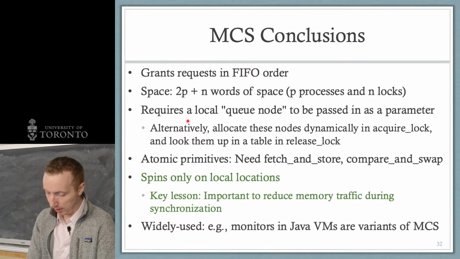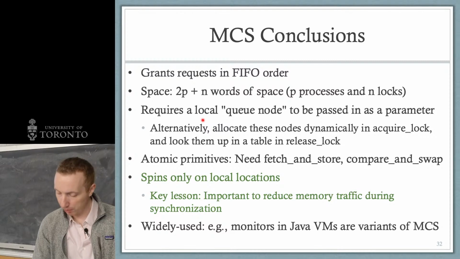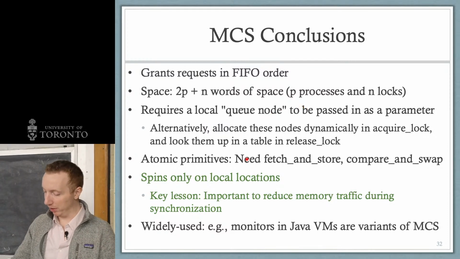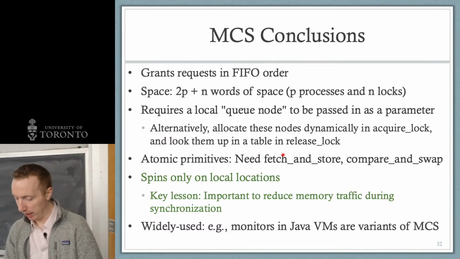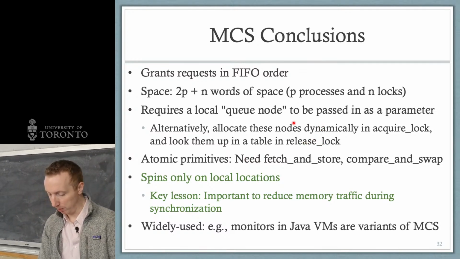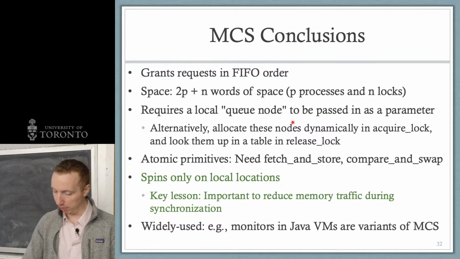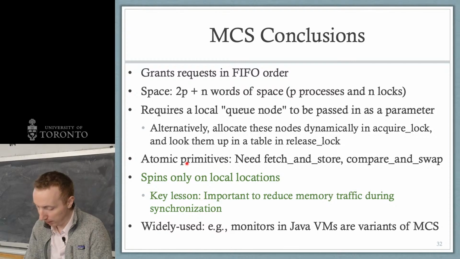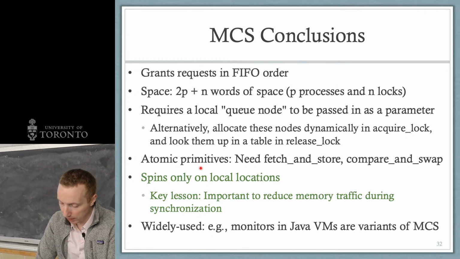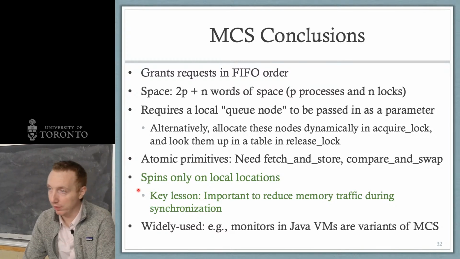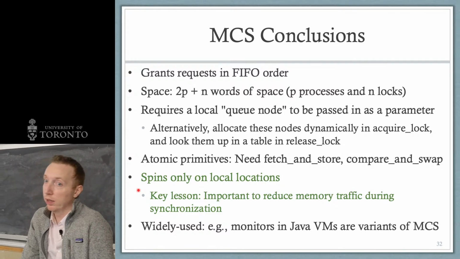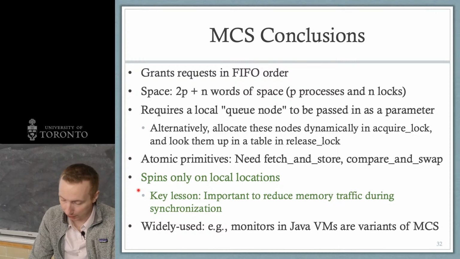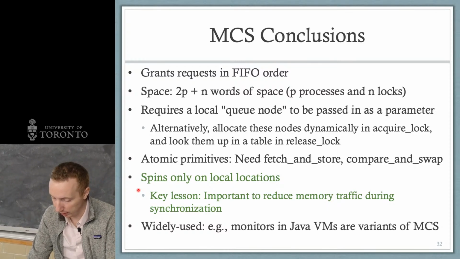And this requires that it has a local queue node that's passed as a parameter. You could also dynamically allocate them if you really want and look them up in a table. That has to do with the implementation. But for all this, we need atomic primitives like fetch-and-store and compare-and-swap. The main idea here is we only want to spin on local locations, so we don't thrash the cache or anything like that.